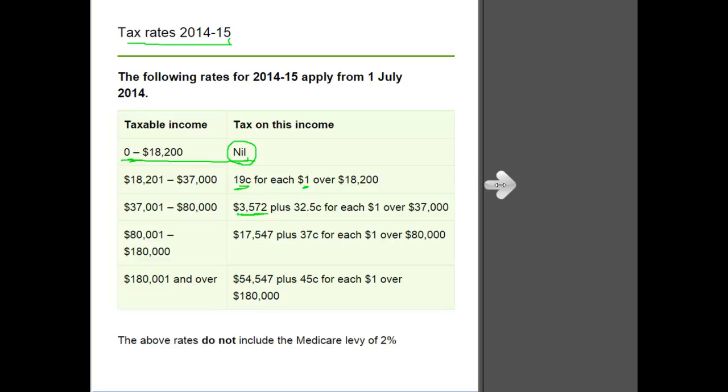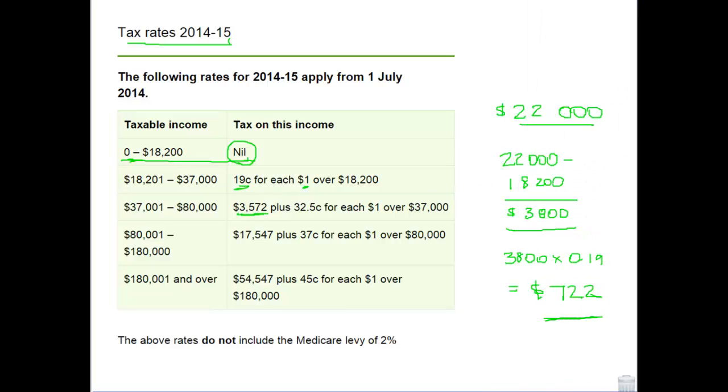So let's have another example of how that would exactly work. If you made $22,000, your first $18,200 is free. So what we need to do is work out how much more than $18,200 you make. We subtract that from $22,000, which gives you $3,800.